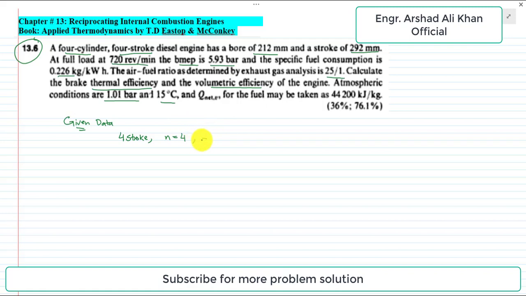Also, the bore of the engine is represented by small d, 212 mm, or in meter it is 0.212 meter.